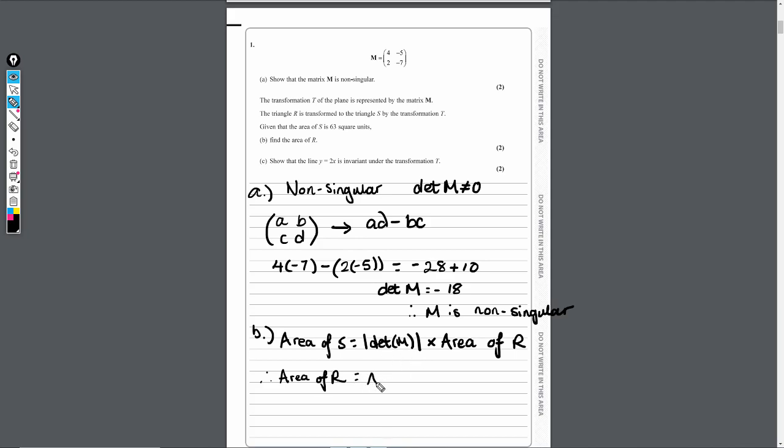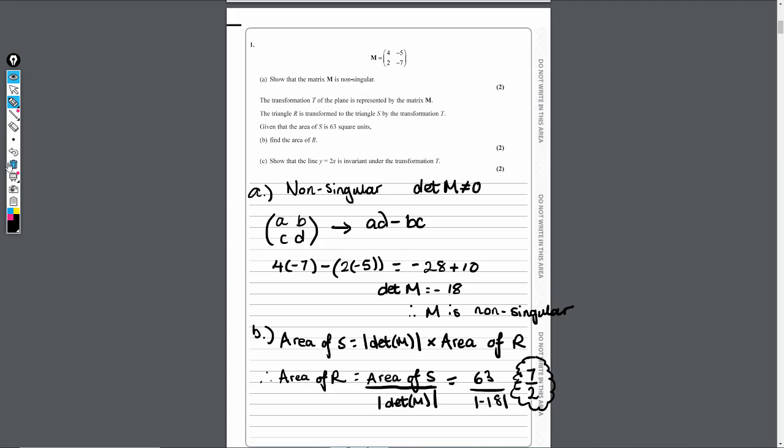That's 63 divided by the absolute value of minus 18. Dividing top and bottom by 9 gives 7 over 2 square units. So the area of R is 7 over 2 square units. That's part B.